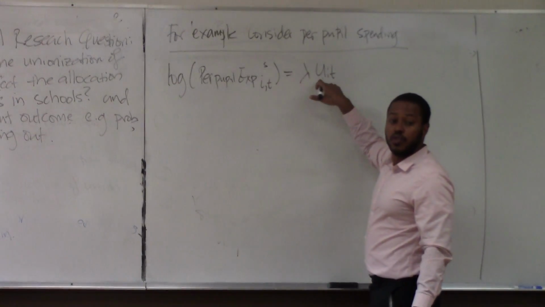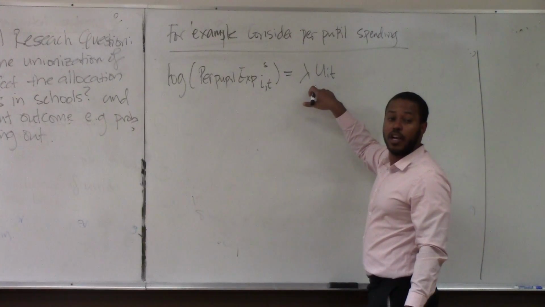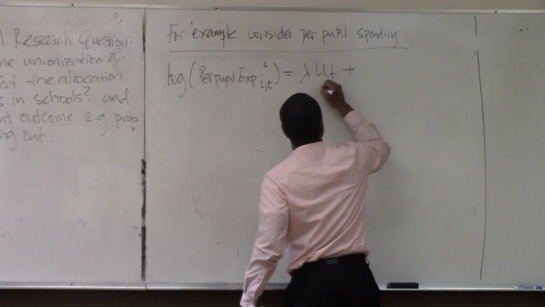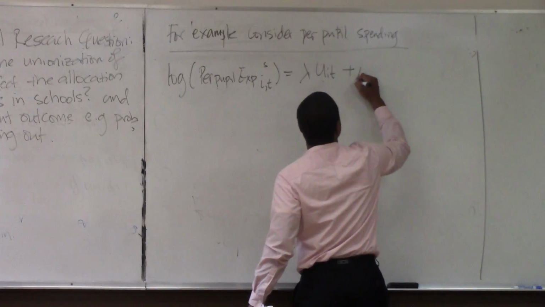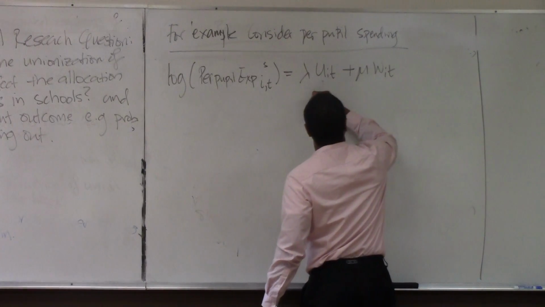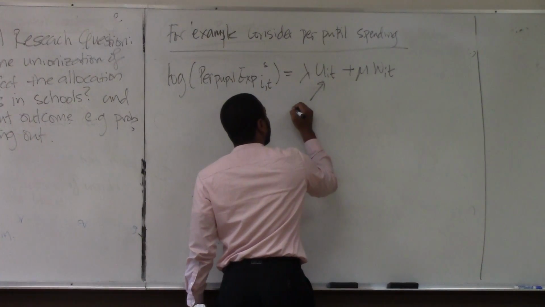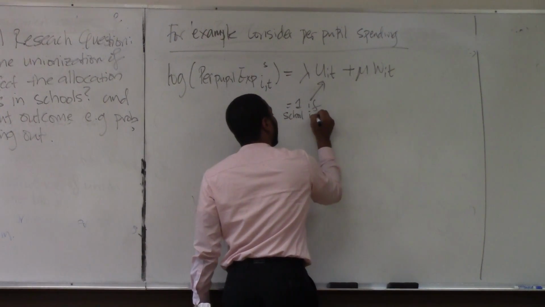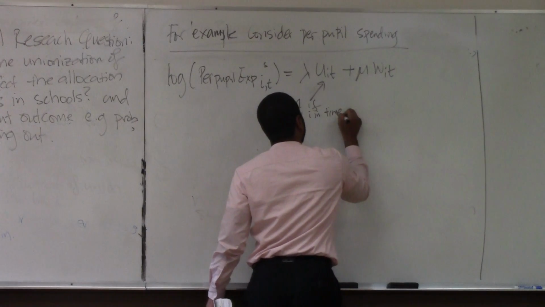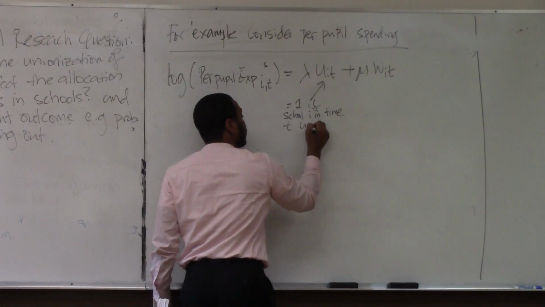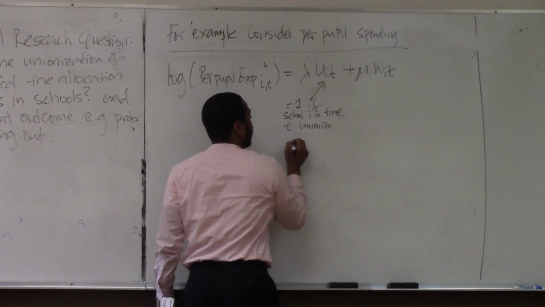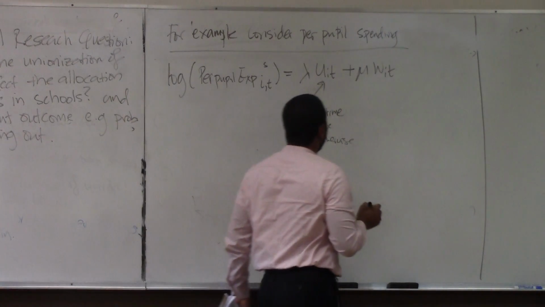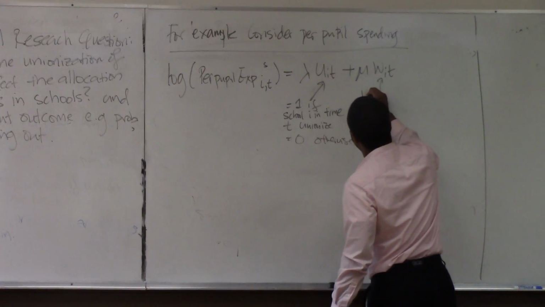So if the school is unionized, it's going to be 1, and then you're going to have a change in spending by a lambda plus mu times W_IT. So this W_IT is equal to 1 if school I at time T is unionized, equal to 0 otherwise. Okay? And this is going to be demographic factors.